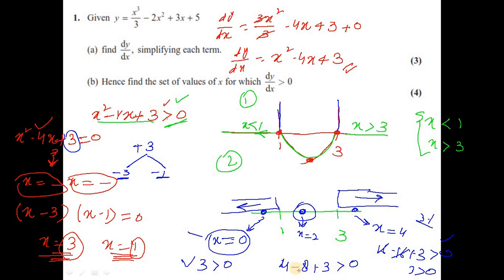If you simplify this, 4 minus 8 is minus 4, and minus 4 plus 3 is minus 1, which is absolutely wrong. That means all the numbers in between 1 and 3 will give you a false statement. That means the solution of this inequality is x less than 1 and x more than 3. This is the interval. So it's up to you whether you choose this method or the other method.